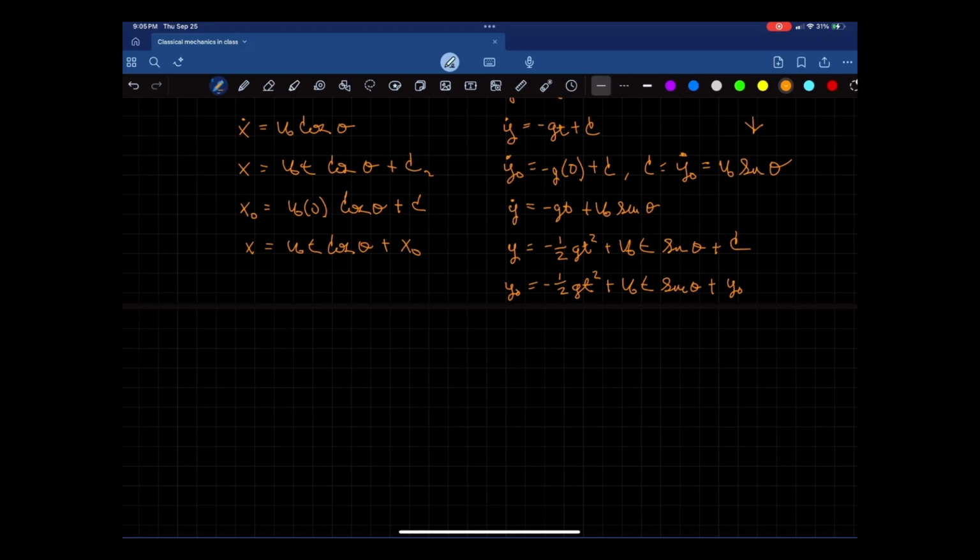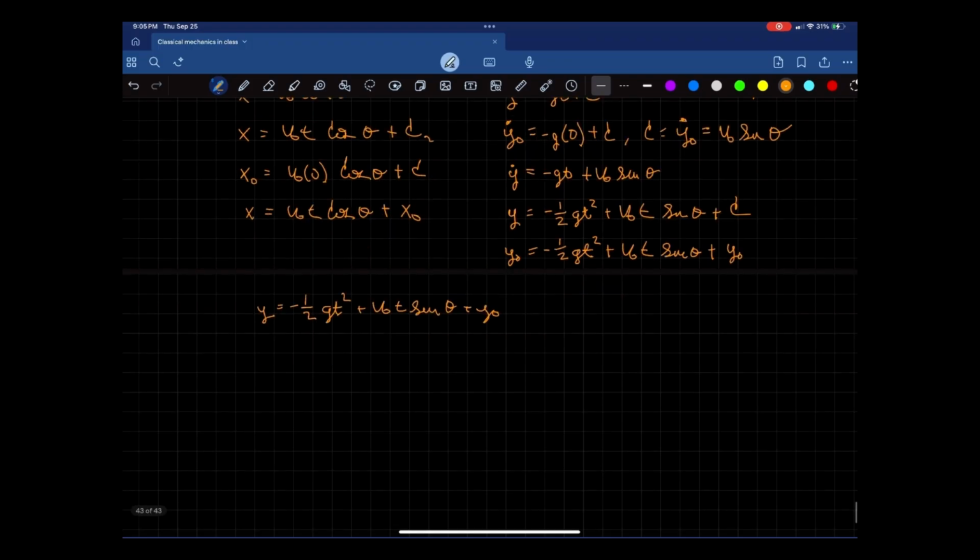Usually the way I go about this is I will just write my original equation of motion, y equals minus 1/2 g t squared plus v naught t sine theta plus y naught. And solving for t, let's simplify this a little bit.